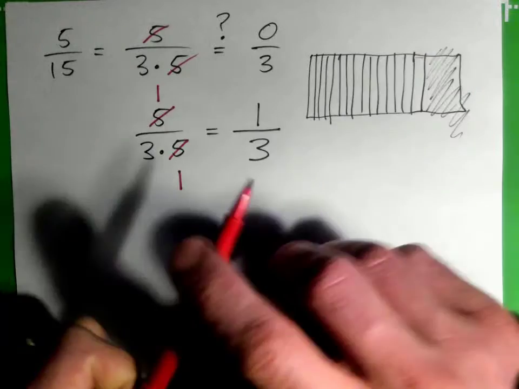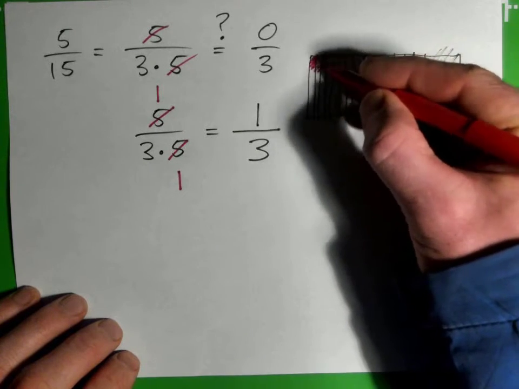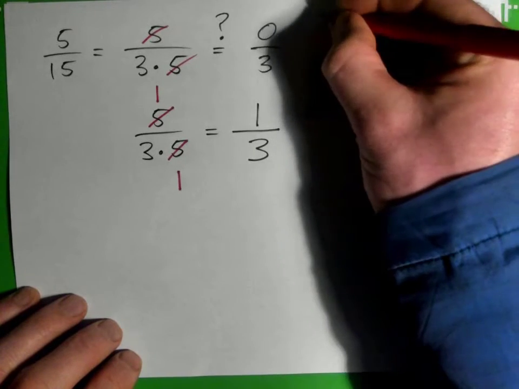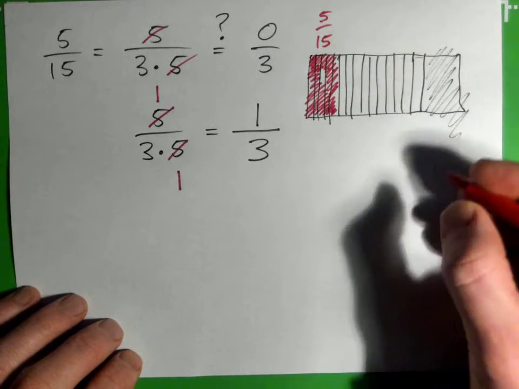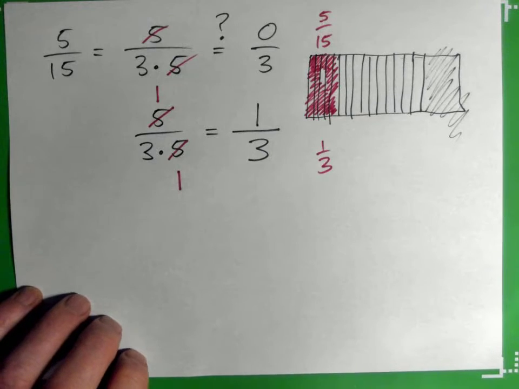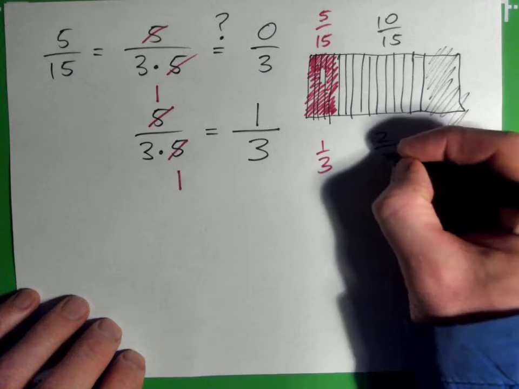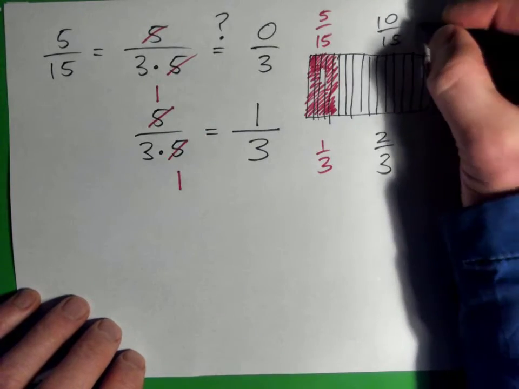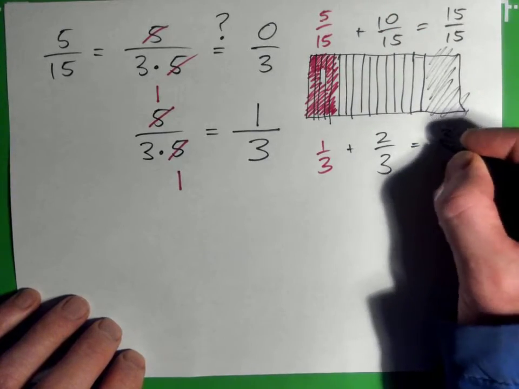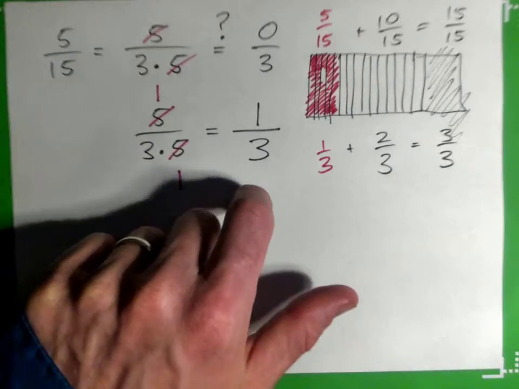And if I take 1, 2, 3, 4, 5 of them, 5/15ths is the same thing as 1/3, is the idea, right? And what's left over is your 10/15ths or 2/3. And they both add to 1, right? This is 15/15ths. When you add them in, this is 3/3. All right, so anyway, that's the idea. 5/15ths is the same thing as 1/3. Yep.